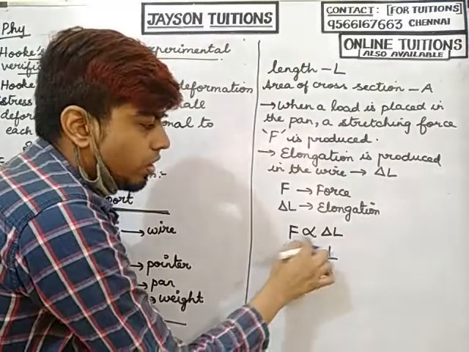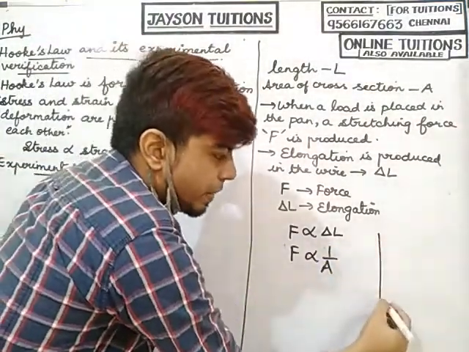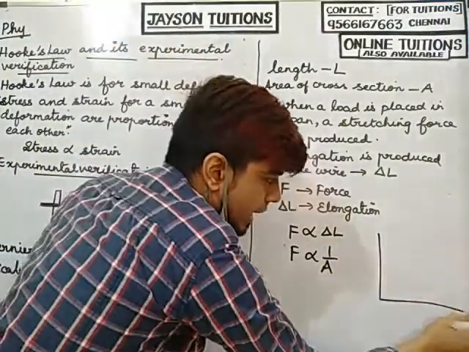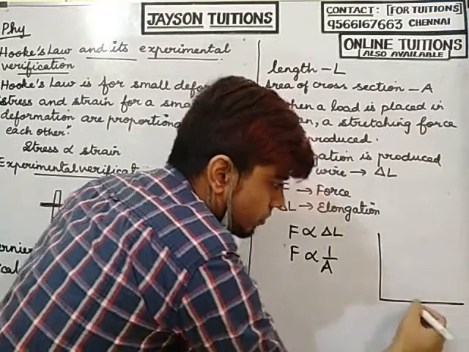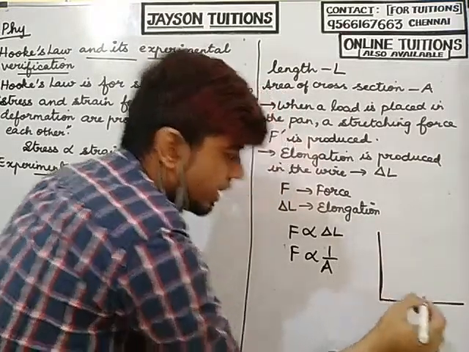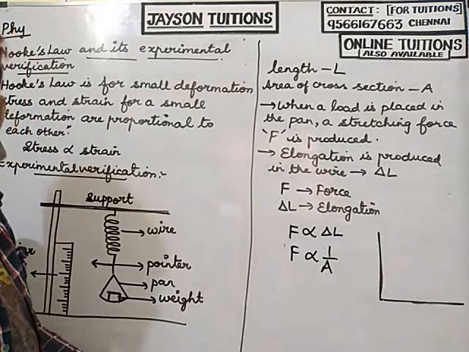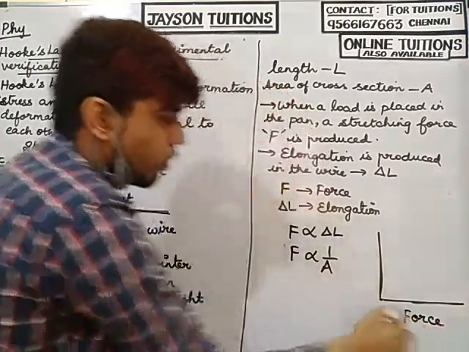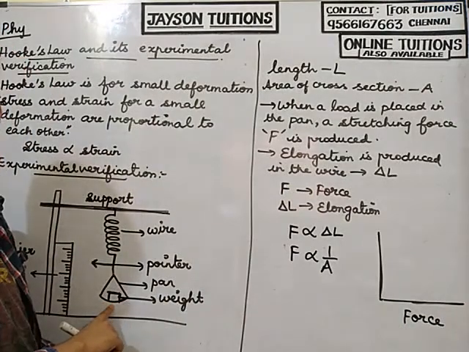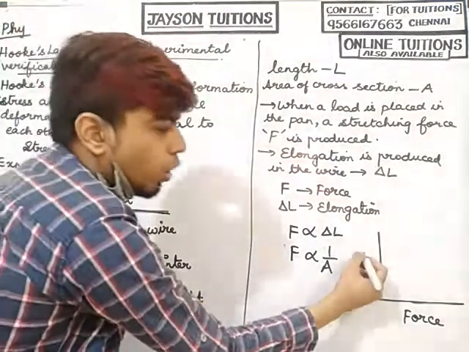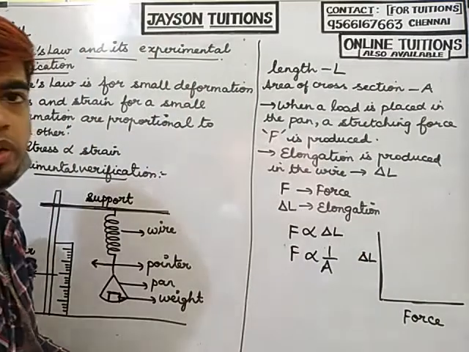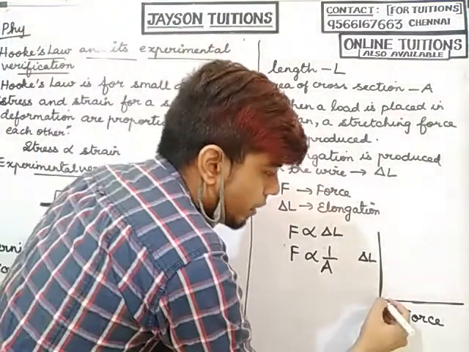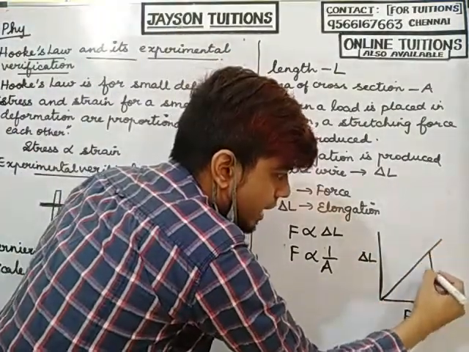So this force and elongation, I can represent with the help of the graph. I am giving one force, force means I am keeping a weight. For that, how much elongation is produced? Delta L. If I plot the graph, I will get a straight line.